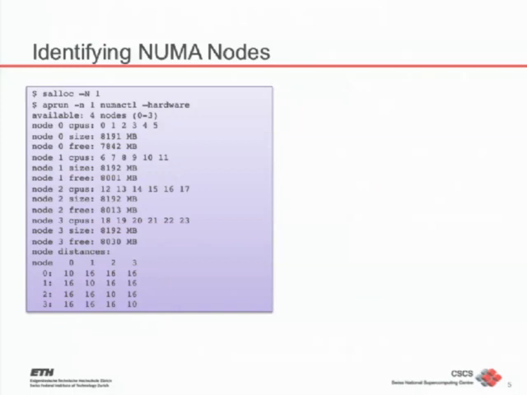What it's then saying at the bottom, the node distances, and sometimes these aren't quite accurate but they're reasonable, is that to go from one node to itself has a certain latency, a certain bandwidth, and so on. The lower the number, the better. The diagonal is saying that to go from here to itself is of a certain bandwidth or latency. To go to any other node, it's the same distance.